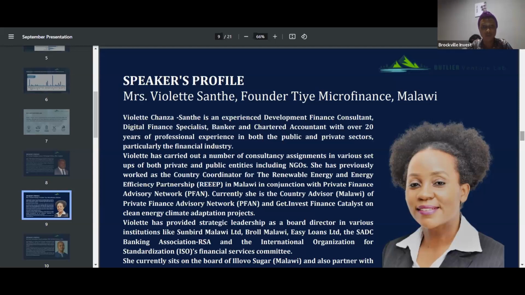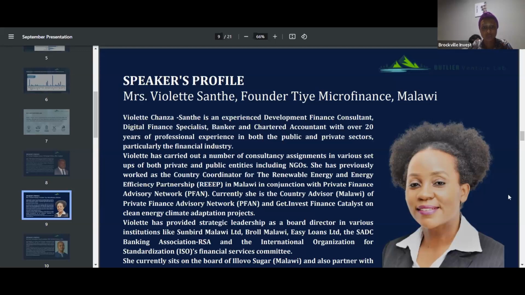She has previously worked as a country coordinator for the Renewable Energy and Energy Efficiency Partnership in Malawi in conjunction with the Private Finance Advisory Network, that is PFAN. Currently, she is the country advisor in Malawi of PFAN and GET.invest Catalyst on clean energy climate adaptation projects.